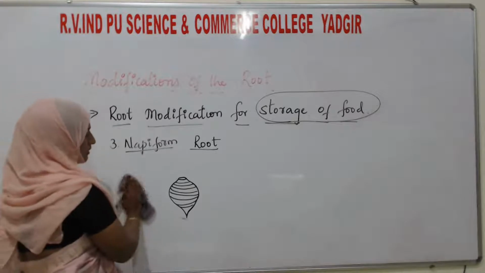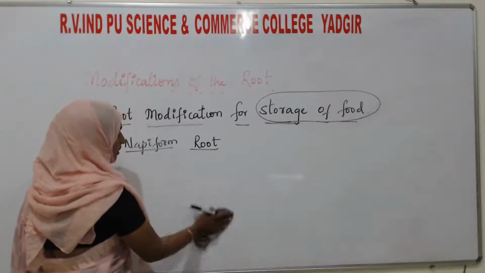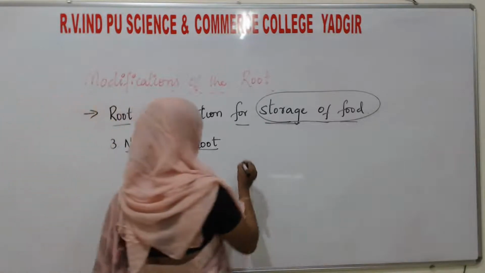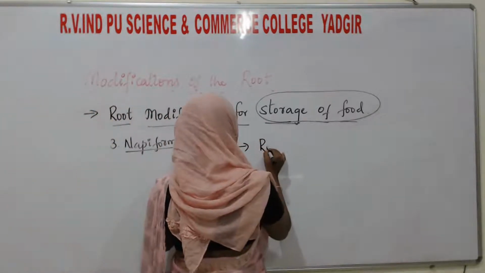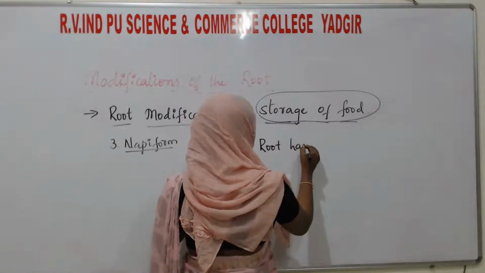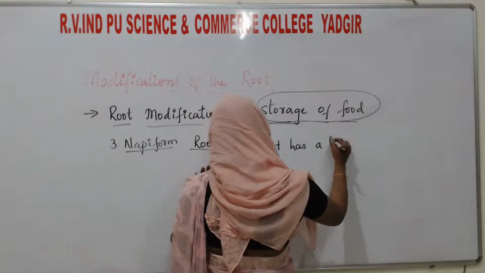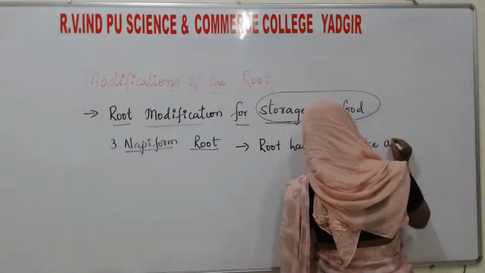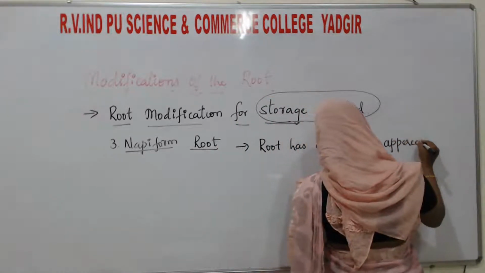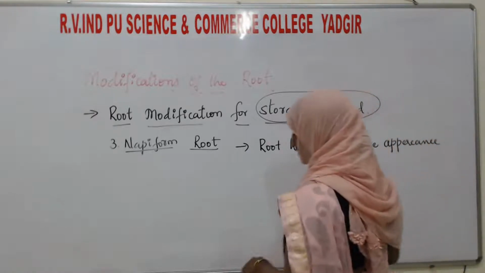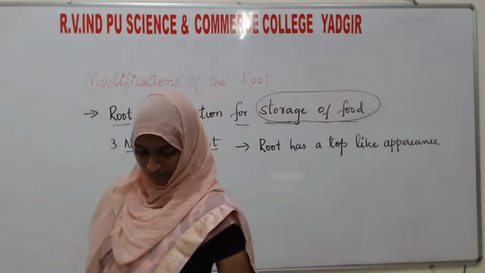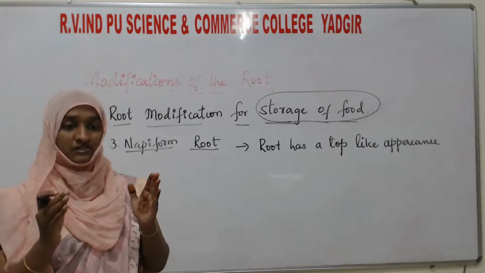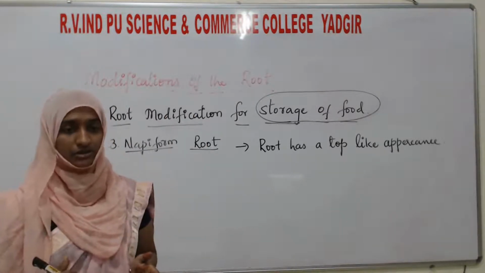See here, in the napiform root, the root has a top-like appearance. Just now I showed you how the top looks. It is broader at the top and suddenly tapers at the bottom region.